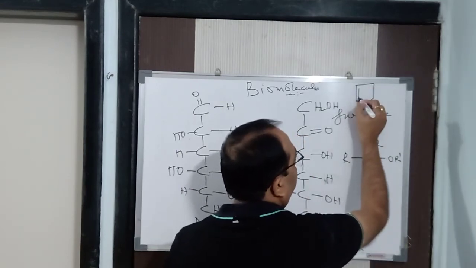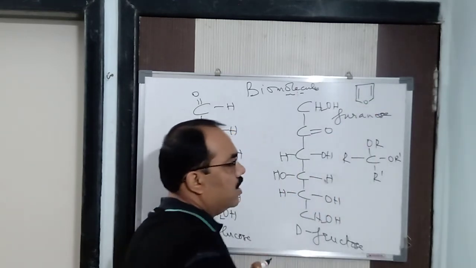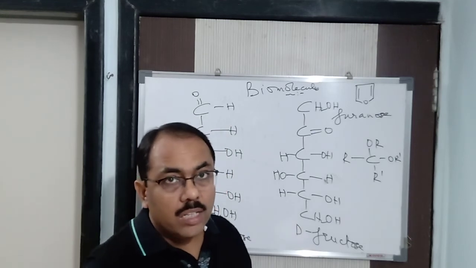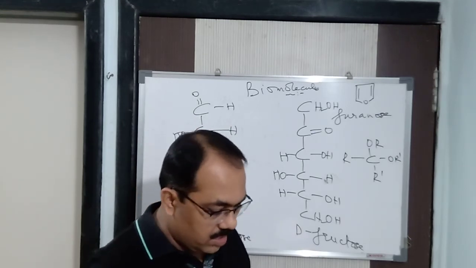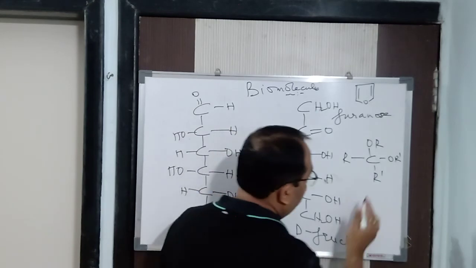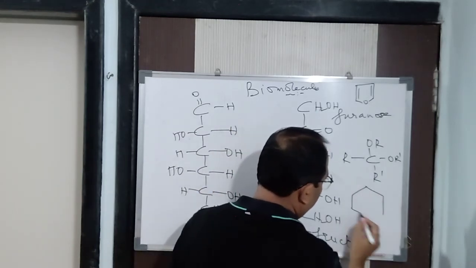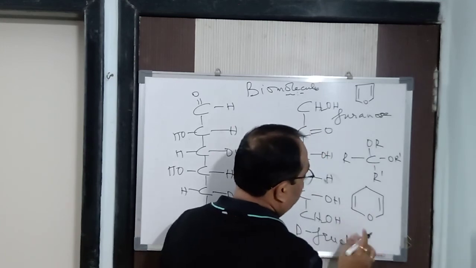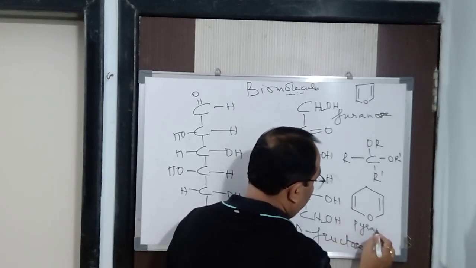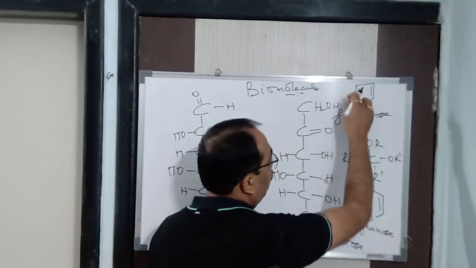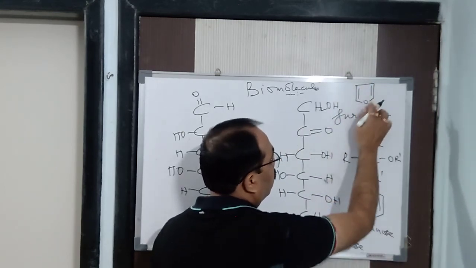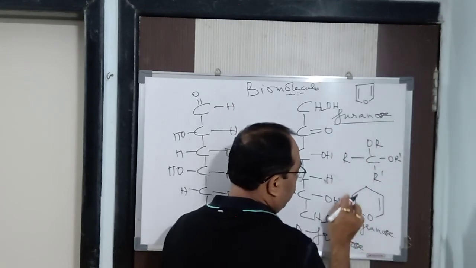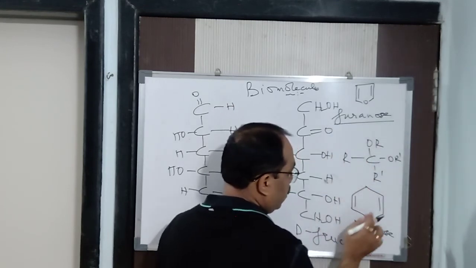Like if I put a double bond here, it is known as what? You have studied, it is a cyclic ether, otherwise called furan, F-U-R-A-N. But if there are 5 carbon atoms and 1 oxygen instead of 4 carbon atoms, it is known as what?